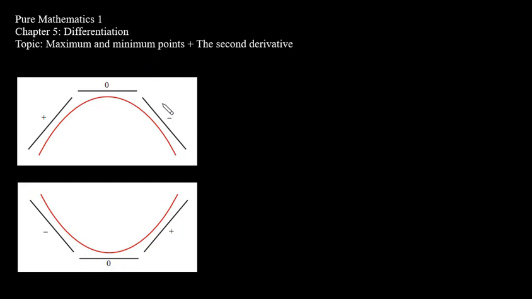So for the next part, we will start with the minimum and maximum points. If you have a curve like this one, this one is called the maximum point, and this one is called the minimum point.